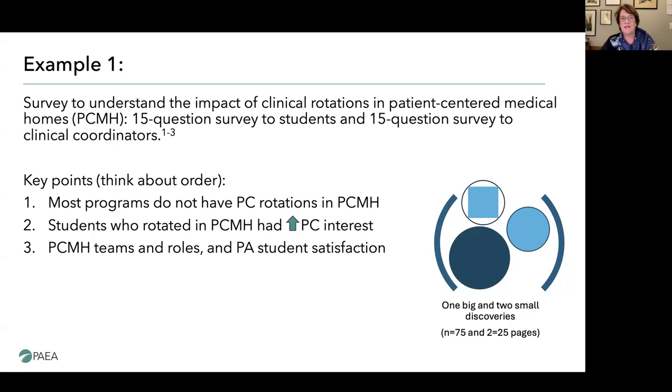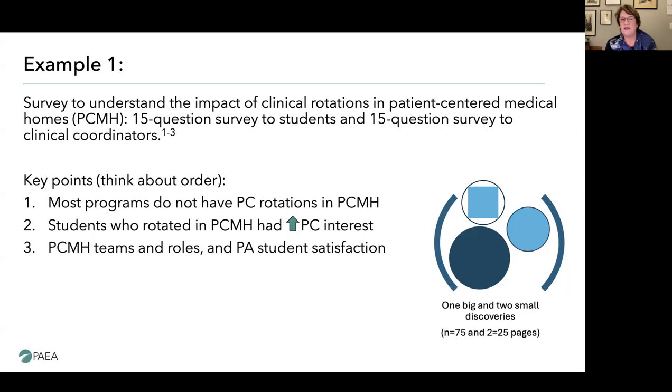And our key points were most programs don't have primary care rotations in patient-centered medical homes. Another thing we learned was that students who rotated in patient-centered medical homes had a stronger interest in primary care practice upon graduation.